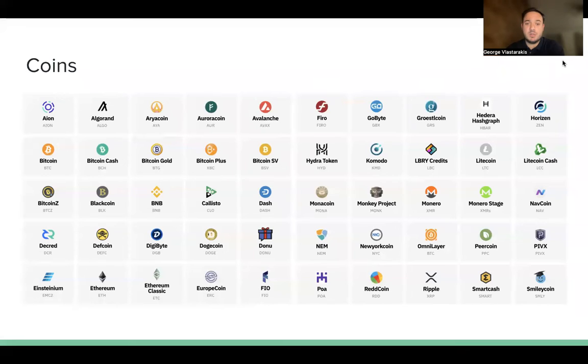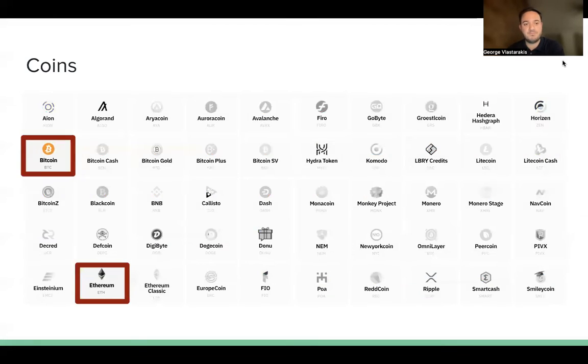Just to take a look, these are some of the many coins that are currently offered in the market, and in many cases attract investors for different reasons. And we will look a little bit further into how a portfolio can hold different types of coins, and how a balance can be made by using specific products.